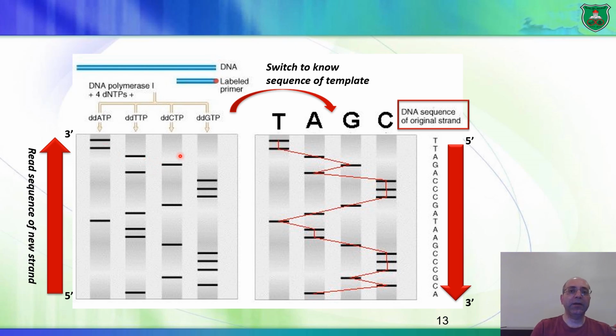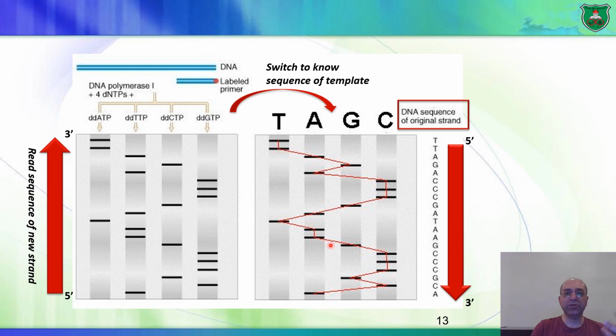Of course, it's hypothetical, but by switching the letters we would be able to tell the sequence of the template. So instead of A, we would have a T. Instead of T, we would have an A. Instead of C, we would have a G. Instead of G, we would have a C. And we start reading from top.